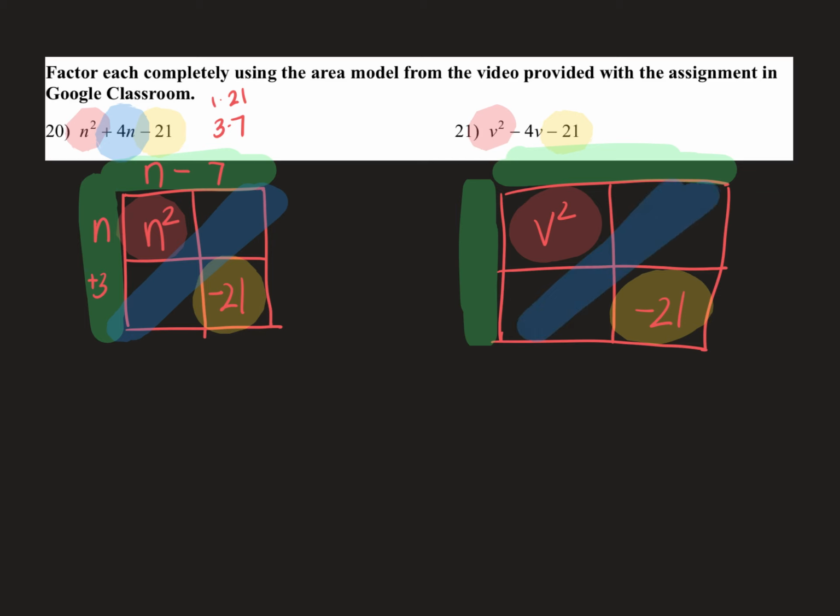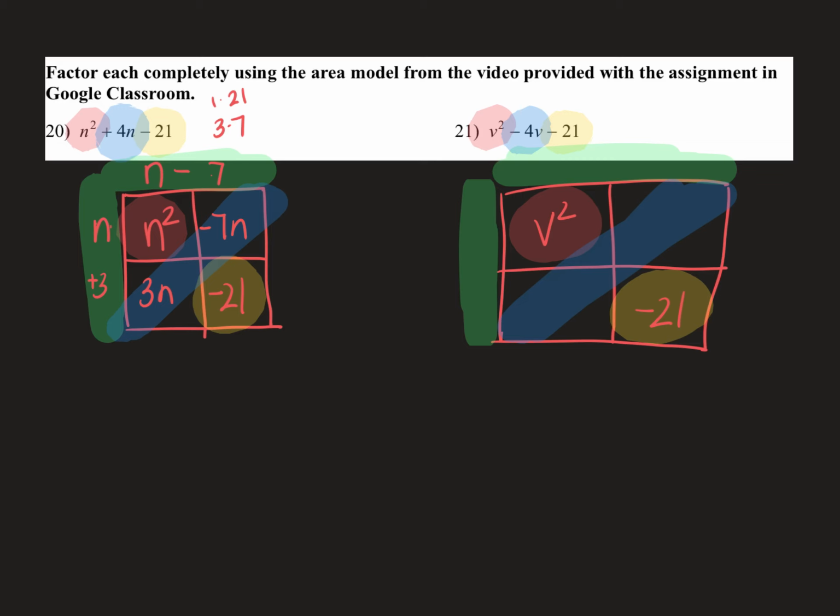So let's see if my first guess was correct. Negative 7 times n is negative 7n. And n times positive 3 is positive 3n. When I add negative 7n and positive 3n, do I get positive 4n?